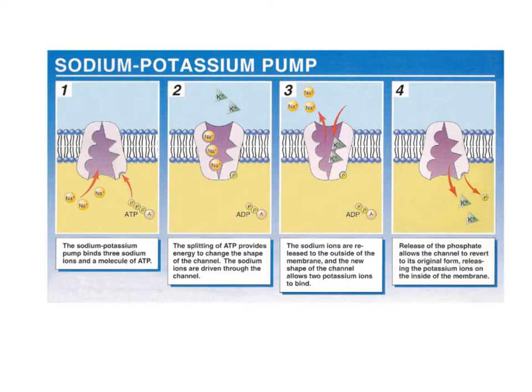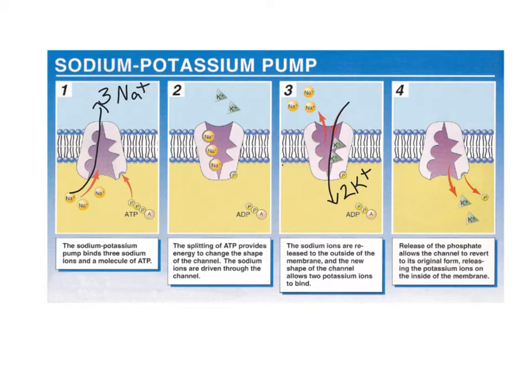So what a sodium-potassium pump does is it allows 3 sodium ions to move out of a cell across the semi-permeable membrane. And once it's done that, it changes its shape, which exposes binding sites to 2 potassium ions, which will then move into the cell.